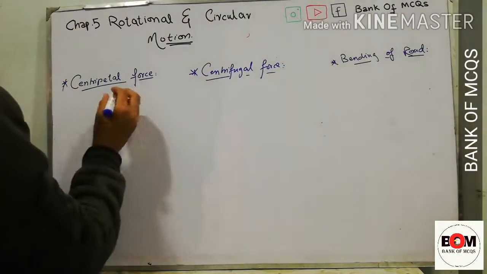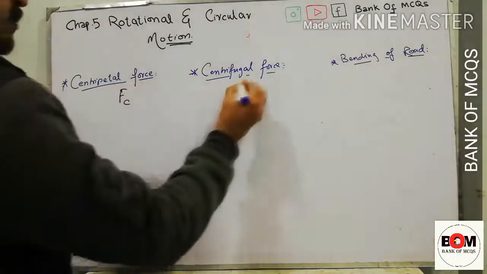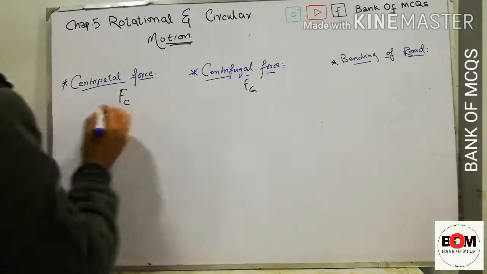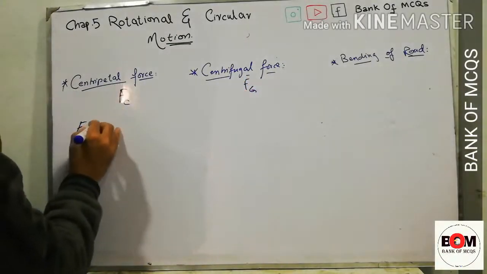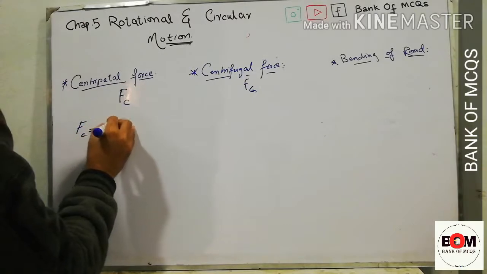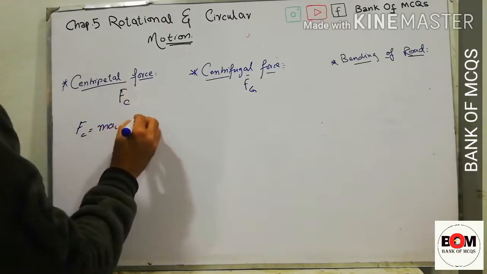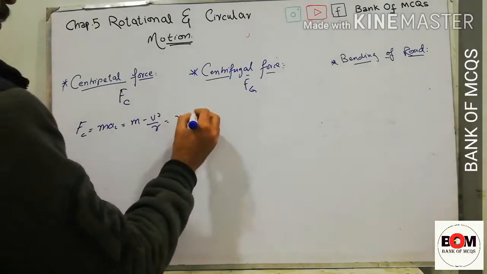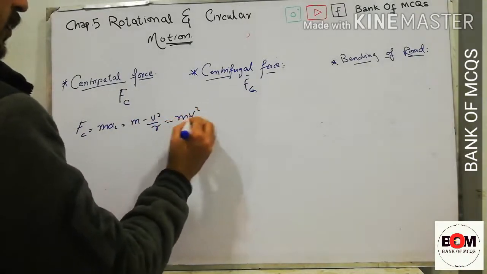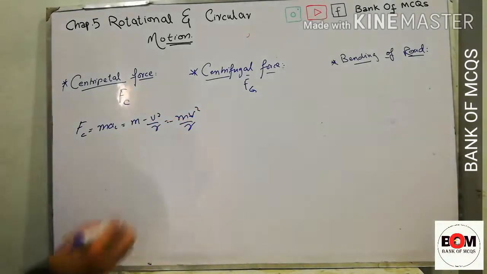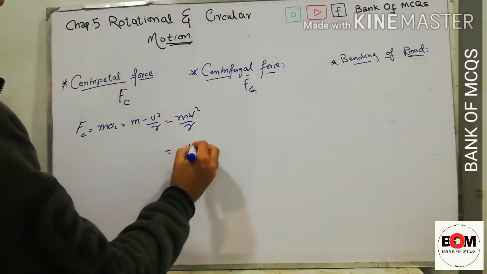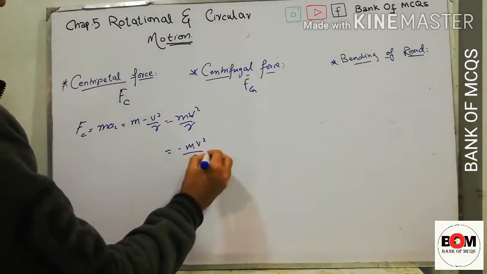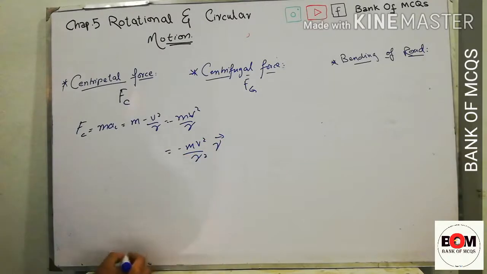Once again, centripetal force is denoted by Fc, this is by Fg. We know that Fc is equal to m ac, that is equal to minus mv square divided by r. In vector form, multiplying and dividing it by r, we can get this form.